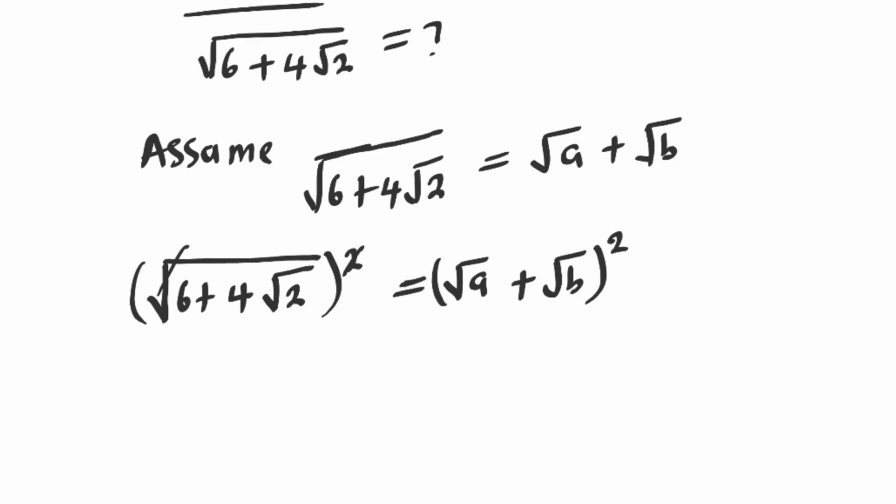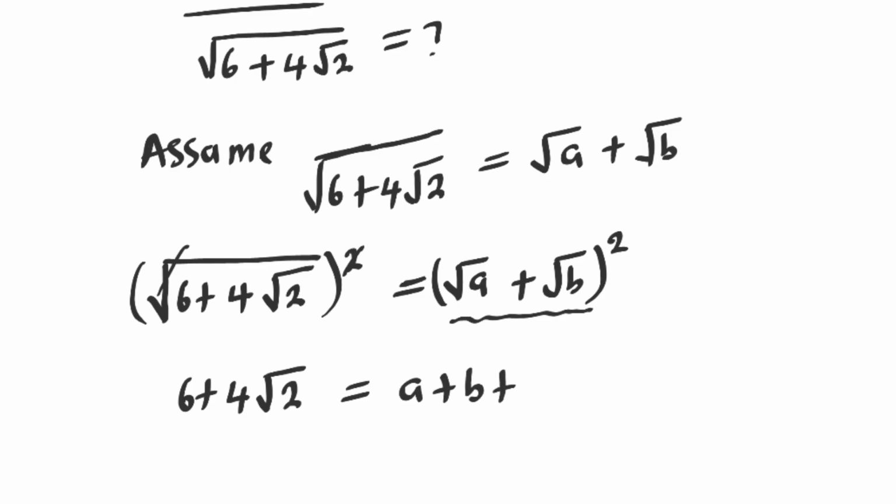Then the left hand side is 6 plus 4 square root of 2, and if you expand the right hand side, we have a plus b plus 2 square root of ab.